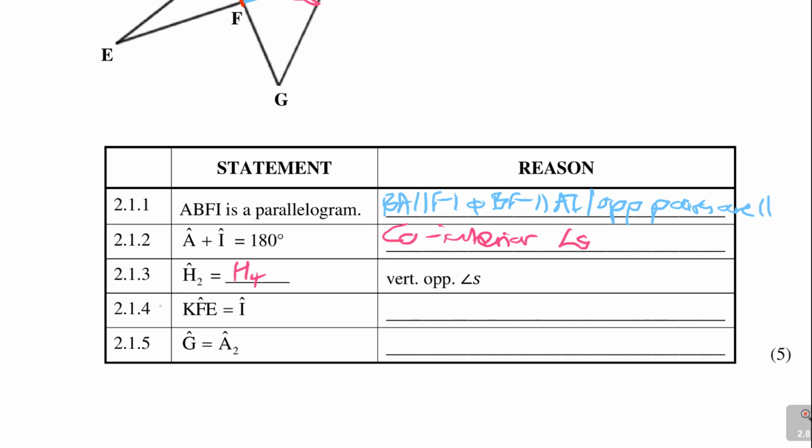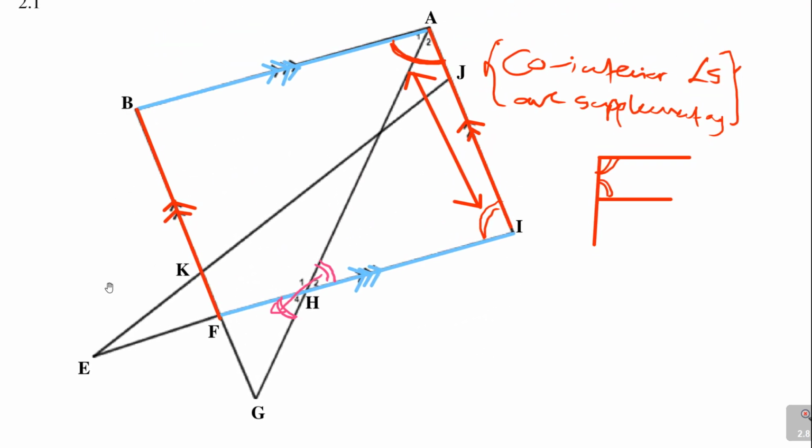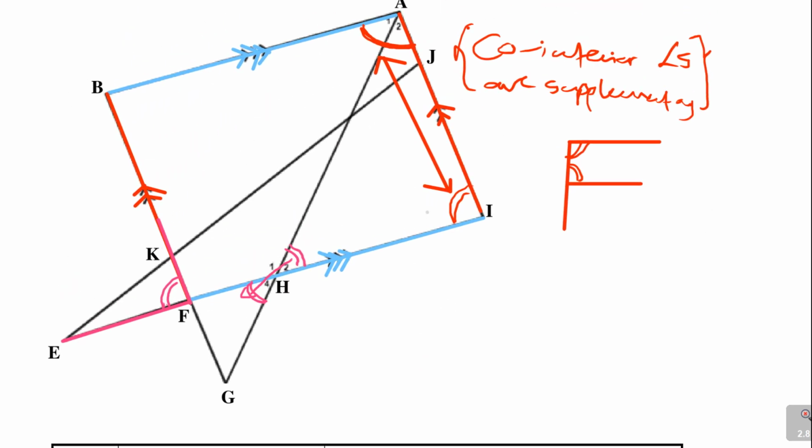And then the next one, KFE is equal to I. Let's look at that. Let's mark it K, F, E. So we have got K, F, E, and the angle there is this one. You see, KFE is equal to I. There it is equal to this angle I here.